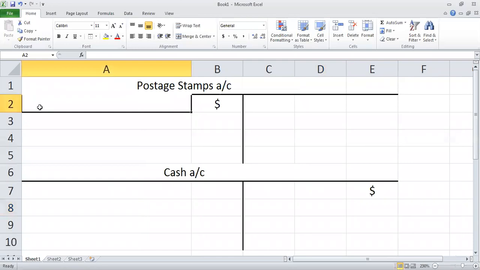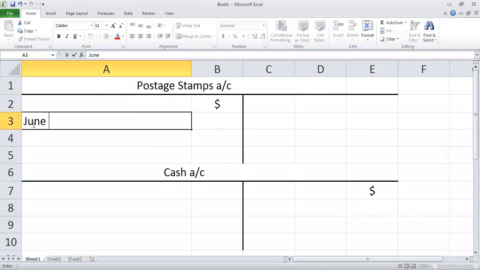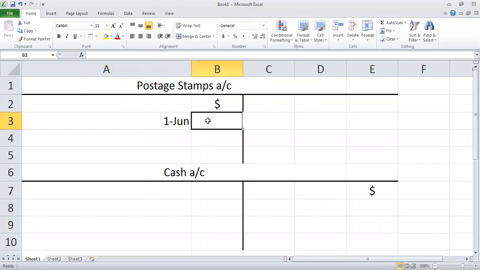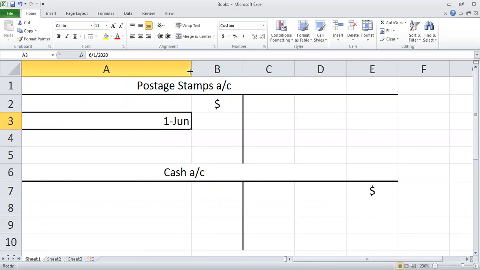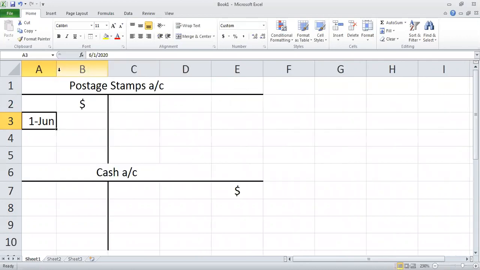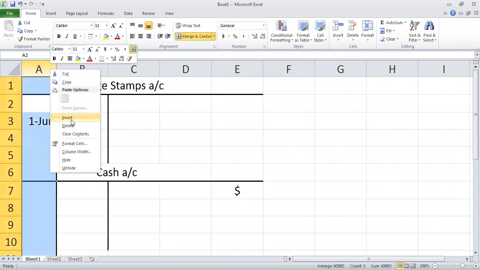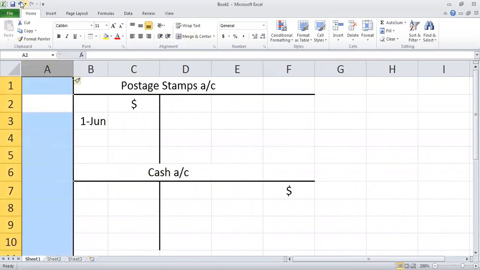So it's June 1, and the amount is 50. I'm putting them in different columns.